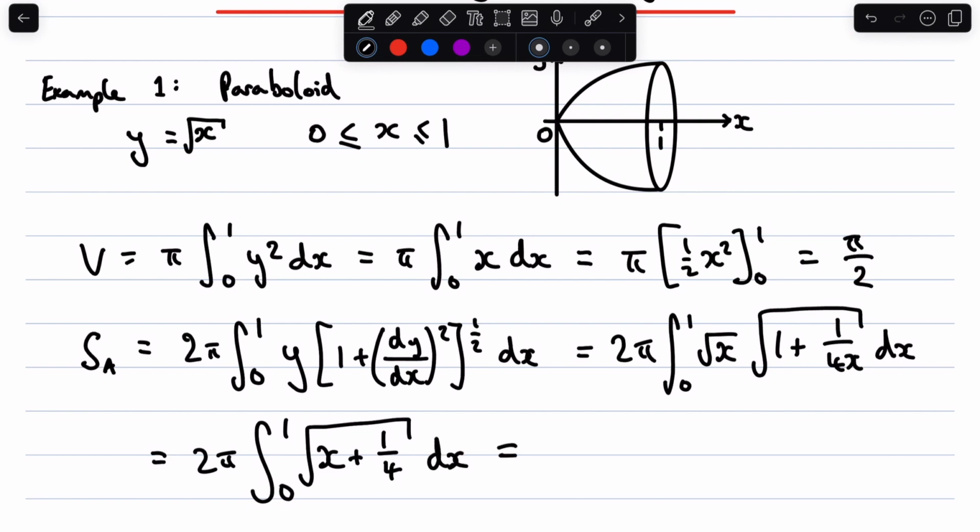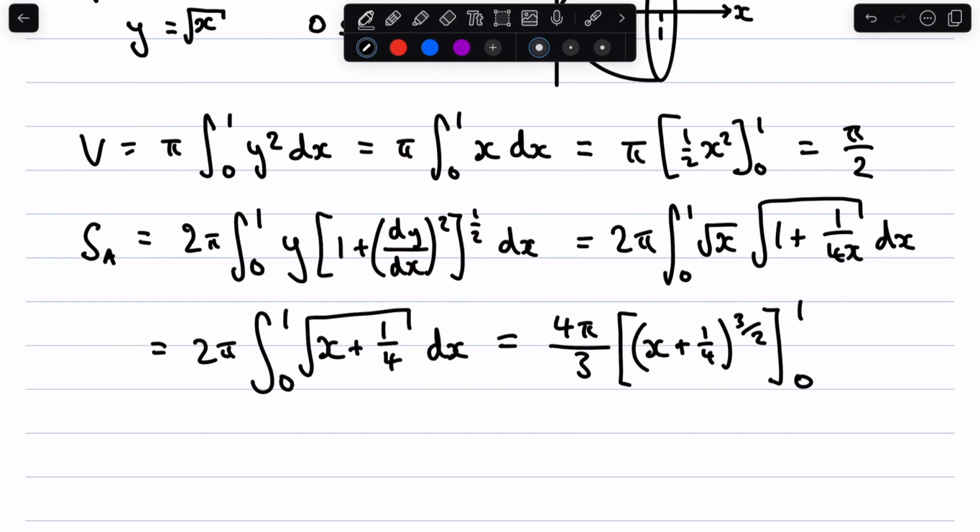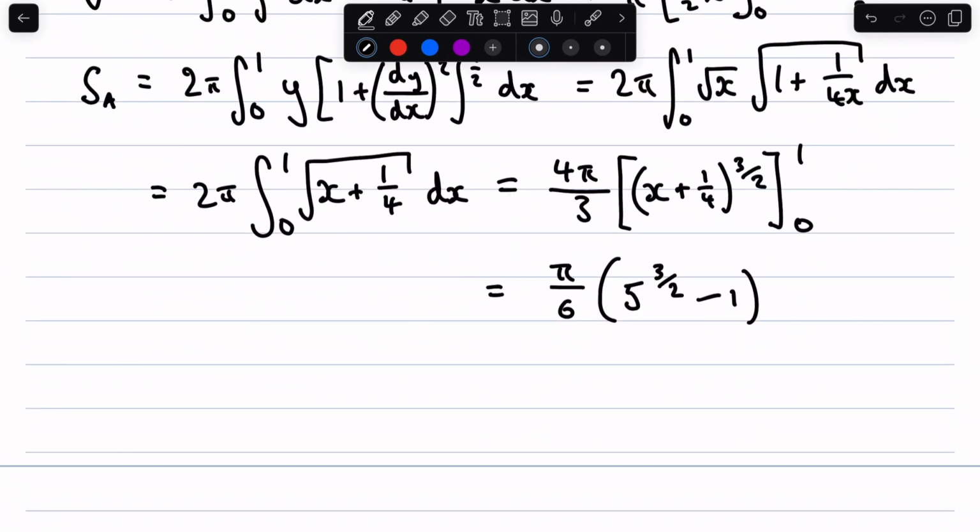Now when we perform that integral, we'll have a factor of 2/3 come out, so we'll have 4 pi over 3 times by x plus a quarter to the power of 3 over 2 on the range from 0 to 1, and that's just equal to pi over 6 times 5 to the power of 3 over 2 minus 1. And so that's the exact surface area of this paraboloid between 0 and 1.